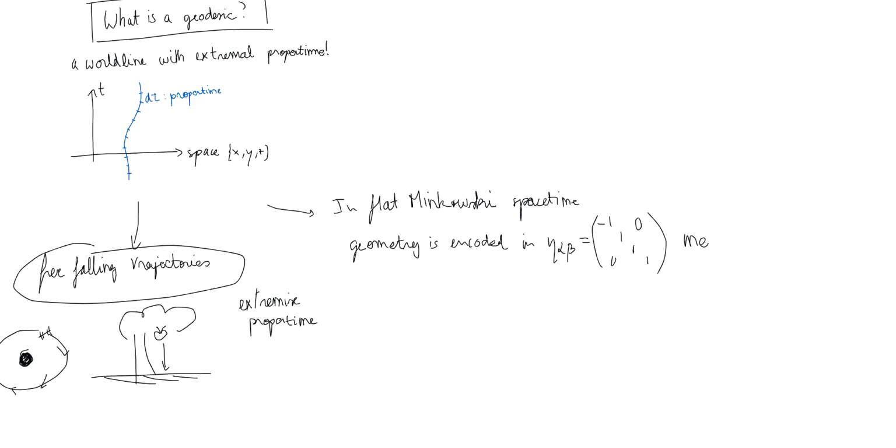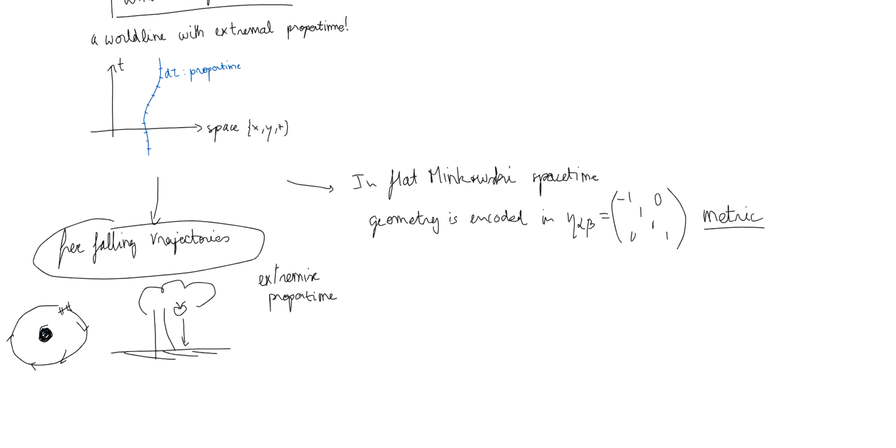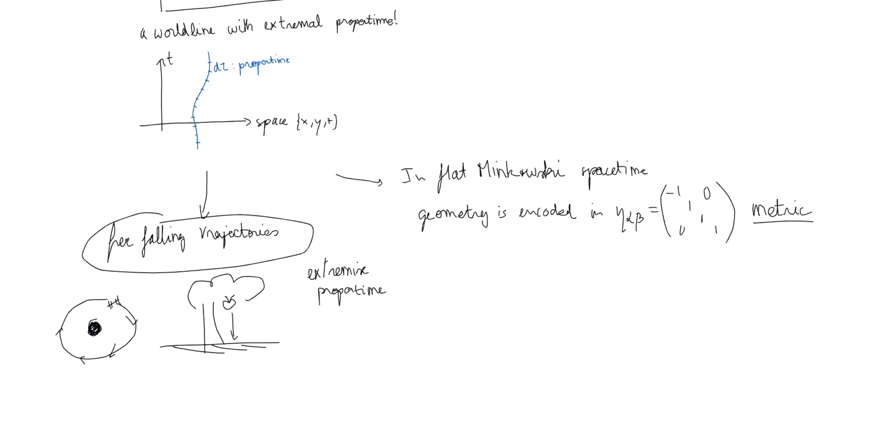This is the flat metric, or Minkowski metric. And from this metric, we can write our line element, so we know everything about the geometry of our universe.